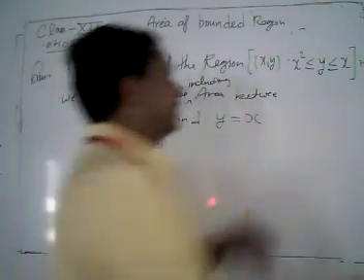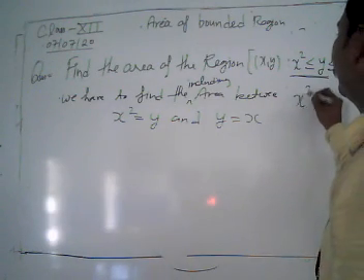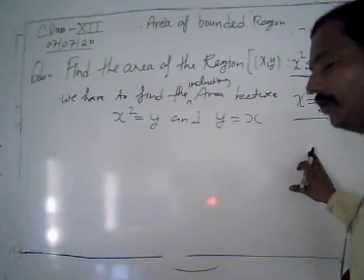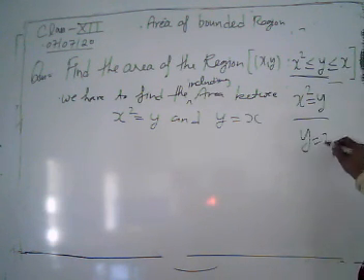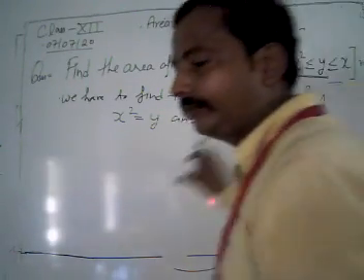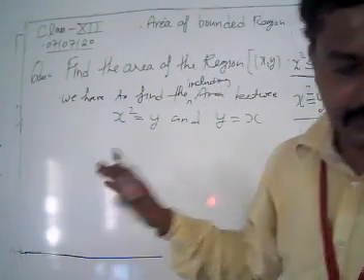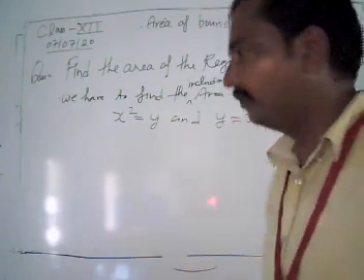When we take x square equal to y, we have to draw the graph of x square equal to y, and second, the graph of y equal to x. Again it's the graph from our last topic, y equal to x square.